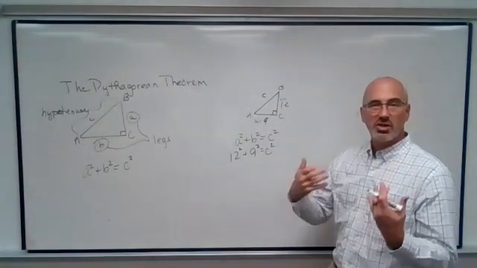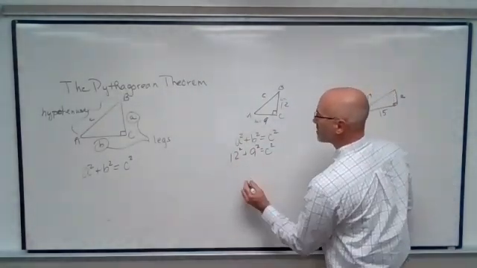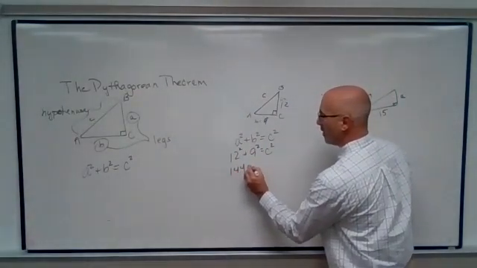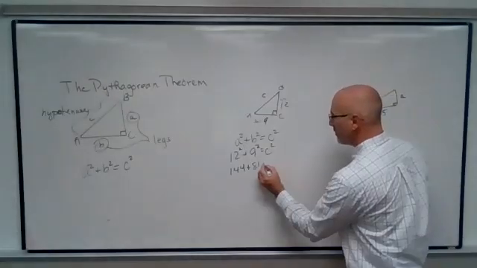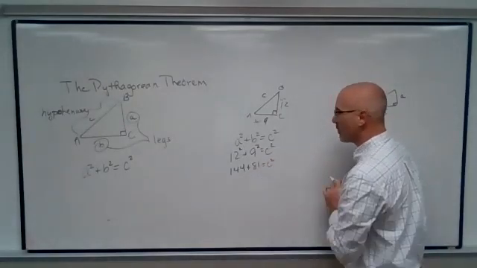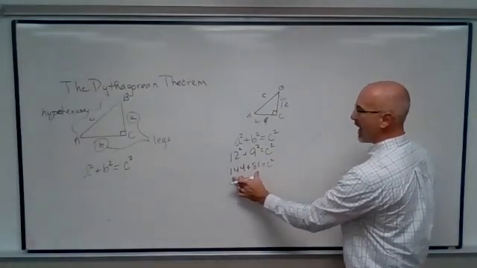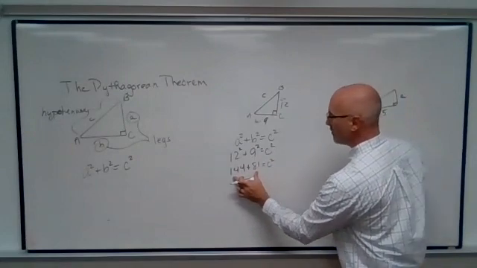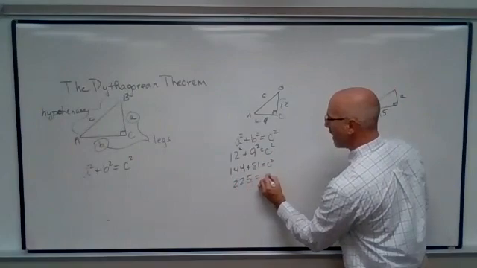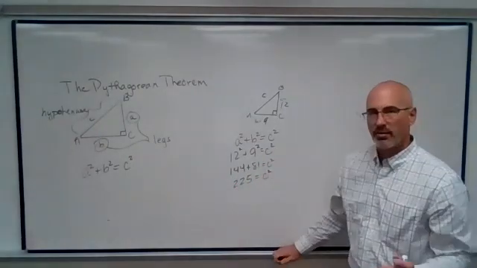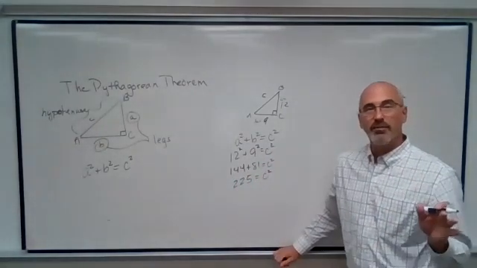Now we're going to just start doing the math. 12 squared is 144, 9 squared is 81, and we keep this as C squared. Now we can add these two, and here we get 225 equals C squared. Now where do we go from here?